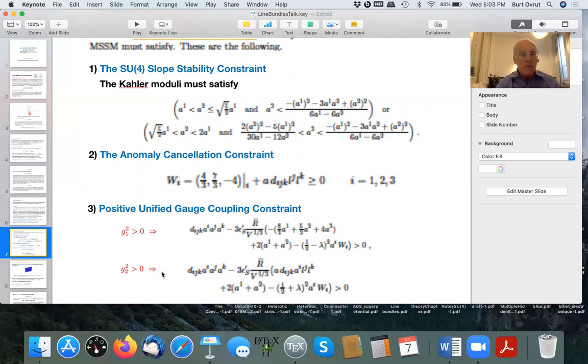And we want, let me call it G2 squared to be positive as well, of course, since it's squared, and that gives this condition. And I told you what the IJK is. You see it occurs everywhere in these things. I told you what little a is. I told you what Wi is. So we know all this stuff.